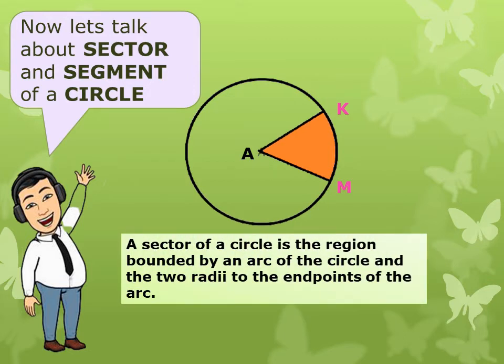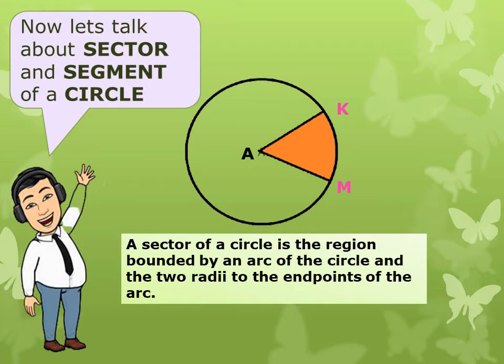A sector of a circle is the region bounded by an arc of the circle and the two radii to the endpoints of the arc.